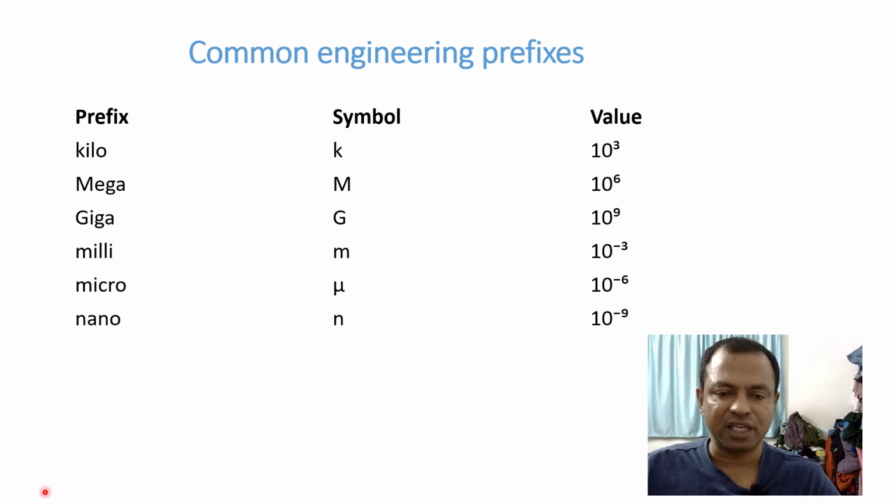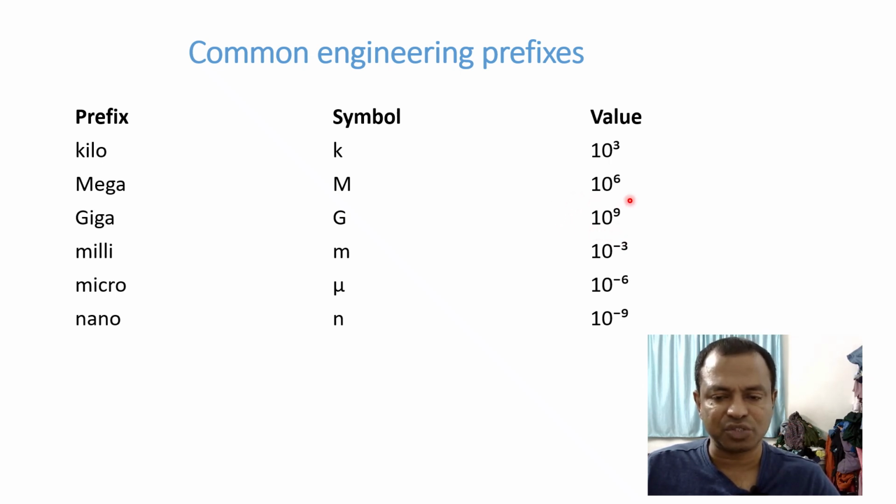Now we will see common engineering prefixes. Prefix kilo, symbol is small k, its value is 10 raised to 3. If it is mega, capital M is used, that is 10 raised to 6. Giga, capital G, that means 10 raised to 9. For example, gigapascal means 10 raised to 9 pascal.